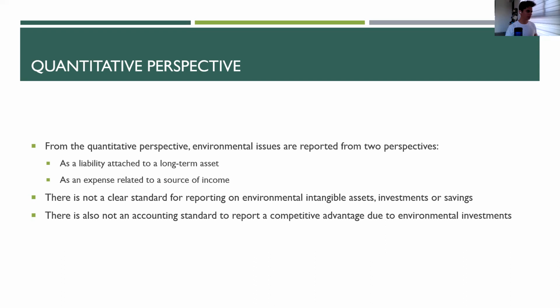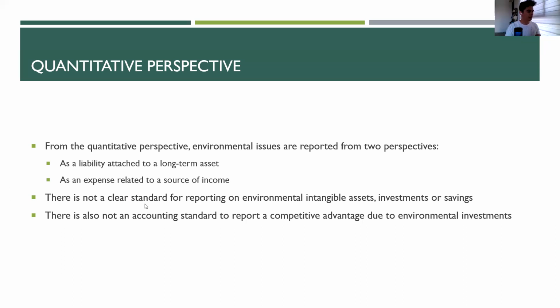I will talk about this later. And then we also have another issue, which is related to expenses that are also linked with a source of income. So this is more like short term and this is more like long term, but it's a liability or an expense that is tied or linked to an asset or to a source of income. I will explain more in the next video.